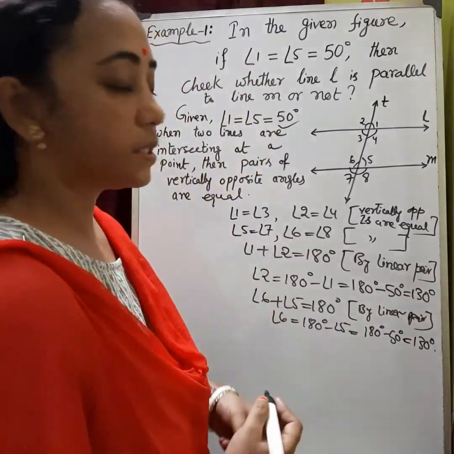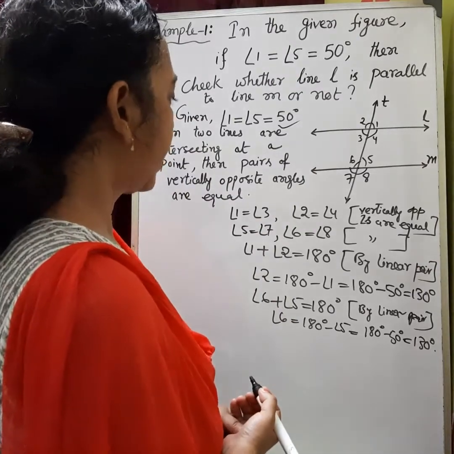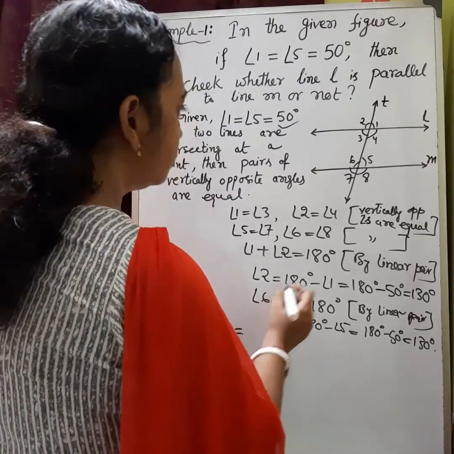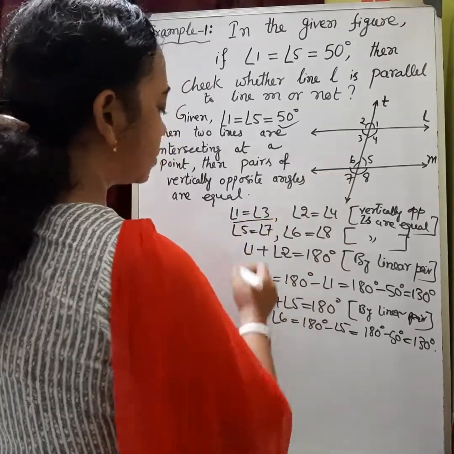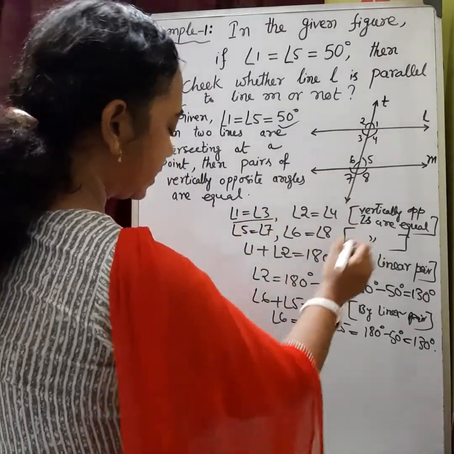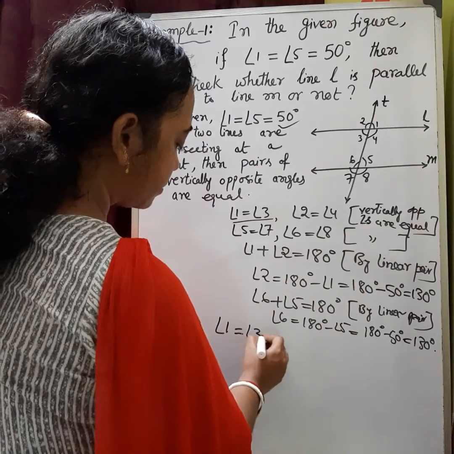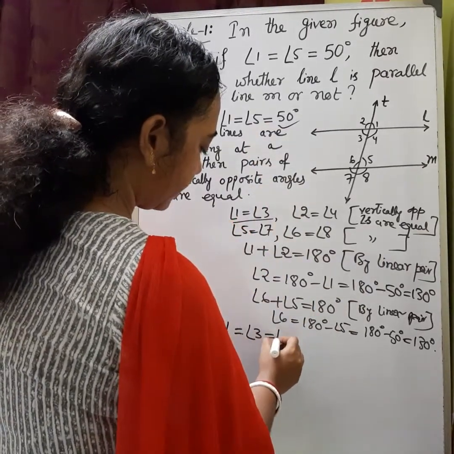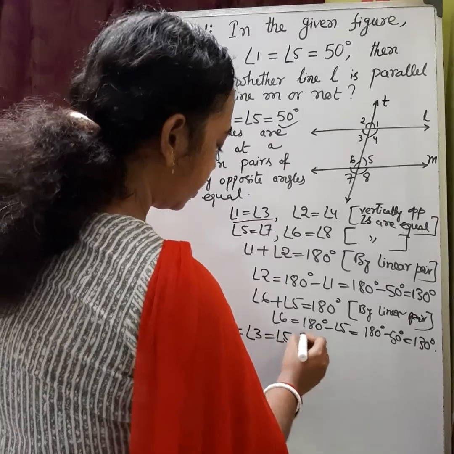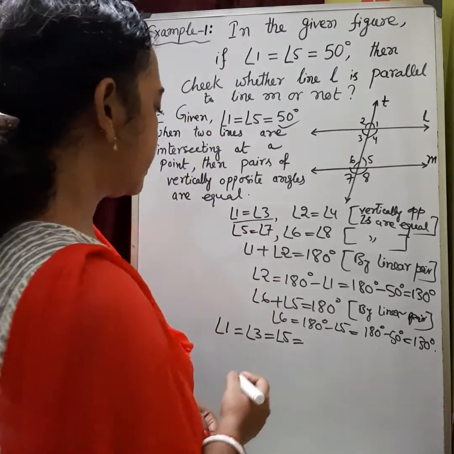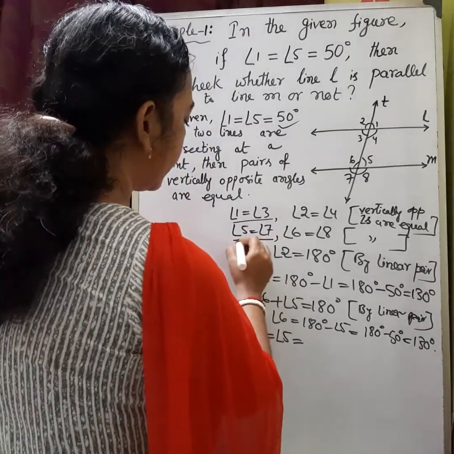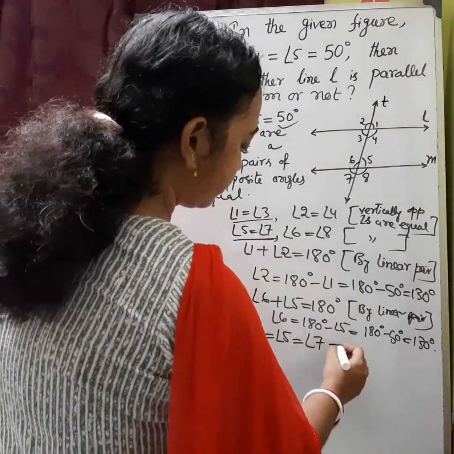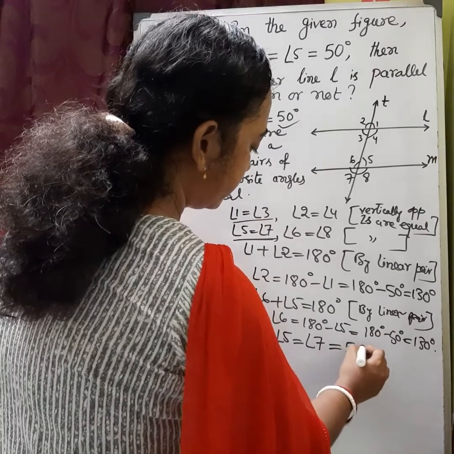So from all these conditions, we can write now angle 1 is equal to angle 3, that is by vertically opposite angle. So angle 1 equal to angle 3, and also it is given angle 1 is equal to angle 5. So we can write angle 5 is equal to angle 7. So angle 7, and each of this measure will be equal to 50 degree.